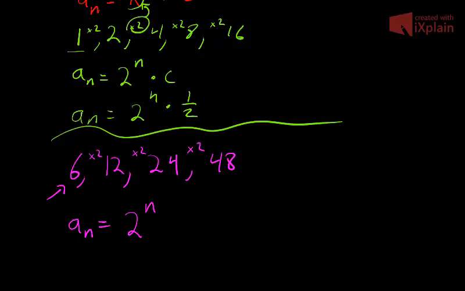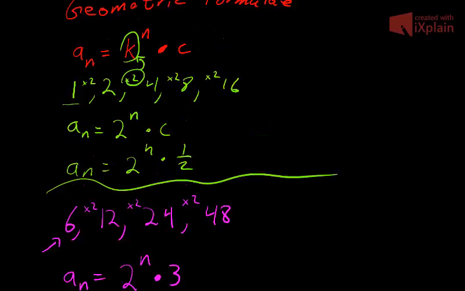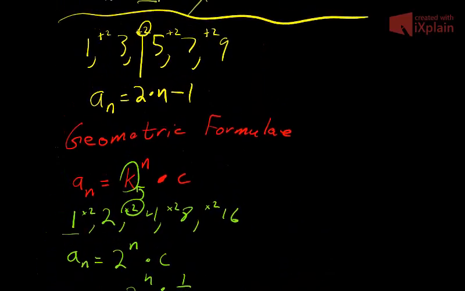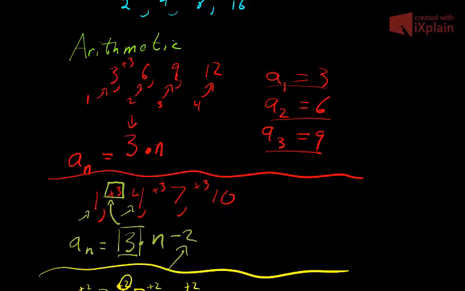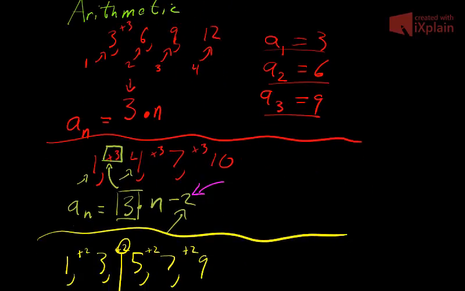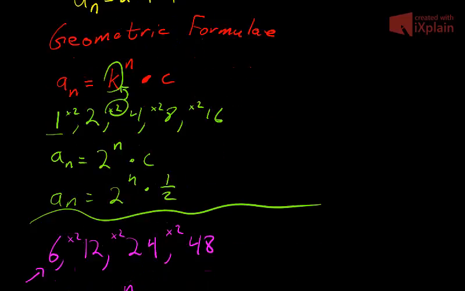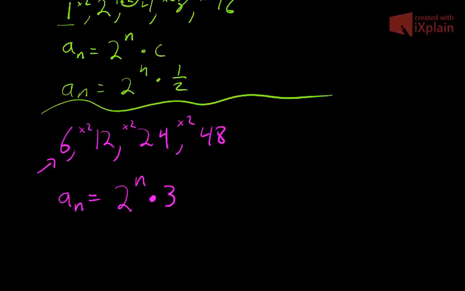And to get to 6 from 2, I would have to multiply by 3. So in geometric, we're going to be multiplying here, which is a little different from our arithmetic formula where we add at the end. If I go all the way up, we add here at the end or subtract. But for the geometric formula, we're going to be multiplying. So 2 to the n times 3 is going to give you the 6, 12, 24, 48.